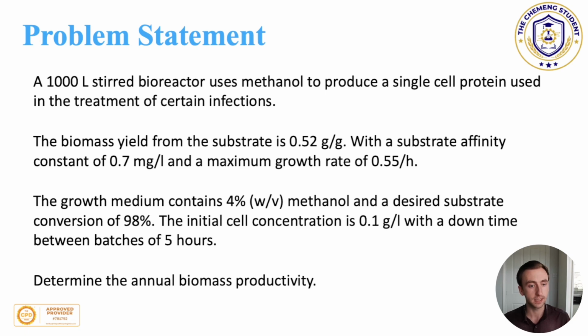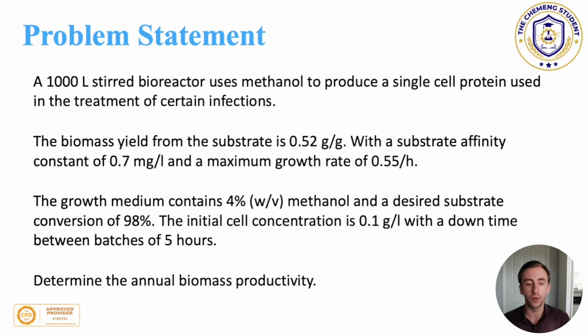So that's our mu max. Now the growth medium contains 4% weight per volume of methanol, and a desired substrate conversion of 98% is desired, and the initial cell concentration is 0.1 gram per litre, with a downtime between each batch of 5 hours.